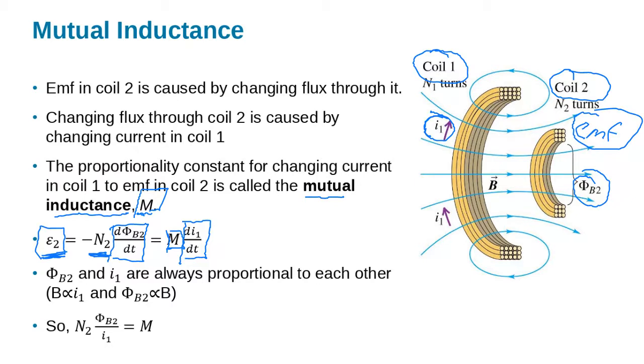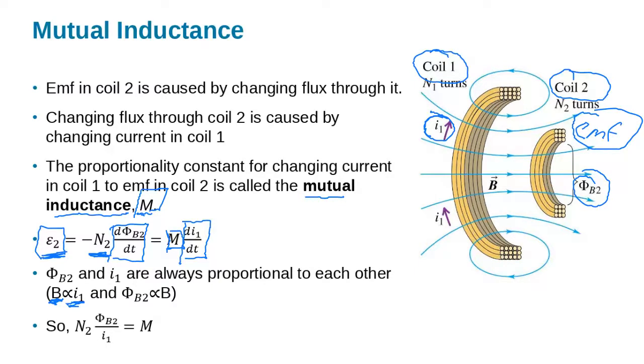If you remember from the laws that we looked at in the previous section, if we have a current in a wire or in a coil, then the magnetic field that we get is directly proportional to that current.